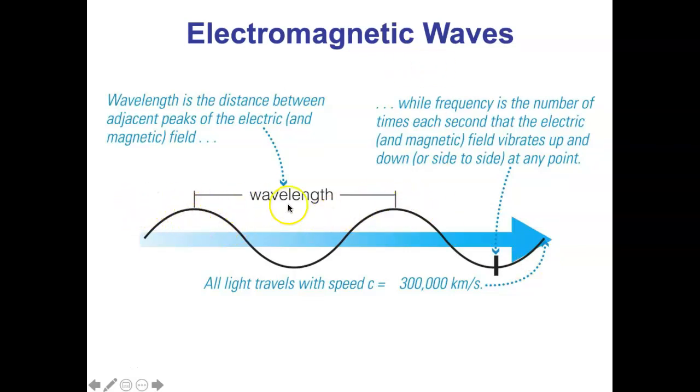The wavelength is just the distance from one wave to the next. The frequency is the number of waves that happen per second, so the number of oscillations that happen per second. And then there's the speed, right? The speed is just how fast the wave travels through space.